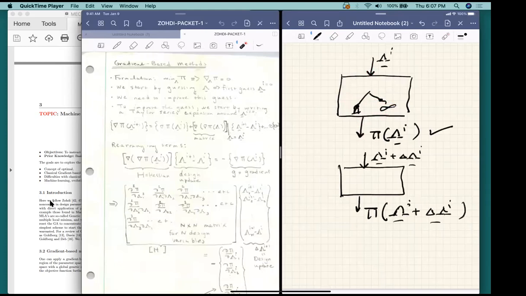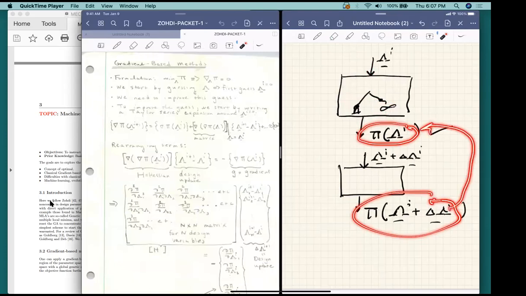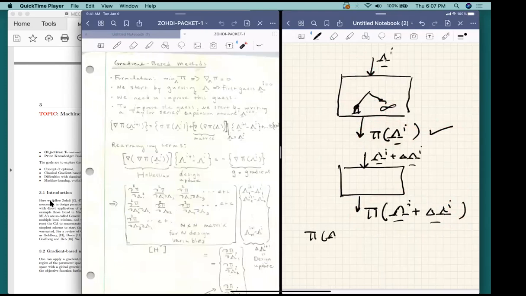What happens if I take the difference between my first run? So I run my computer code, I get a response. I run my computer code, I get another response. What happens if I take the difference between this and this? What do I get? Well, pi of lambda i plus delta lambda i minus pi of lambda i, right?